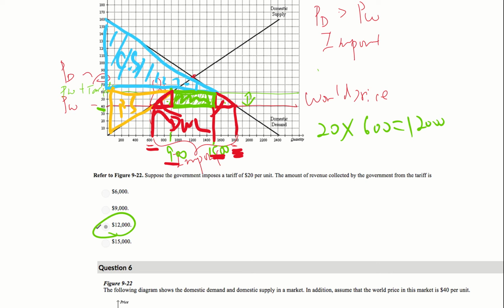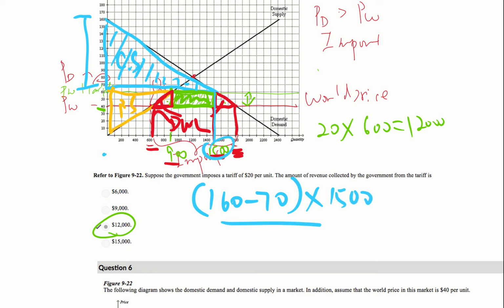So the vertical difference is from 160 to 70. So 160 minus 70, that's your vertical difference, and the horizontal difference is from 0 to 1500, divided by 2. I need my calculator.